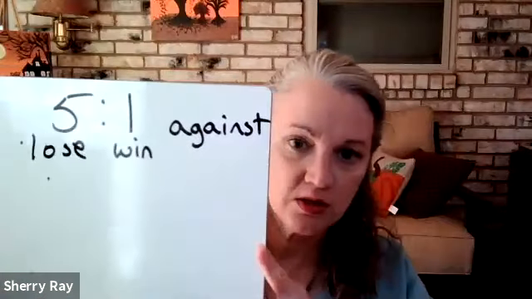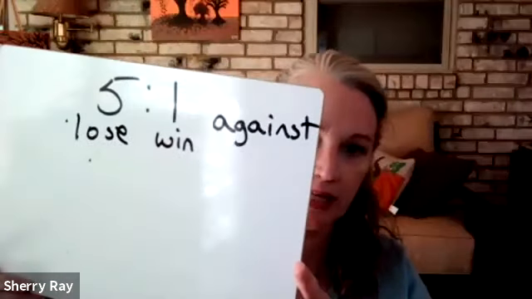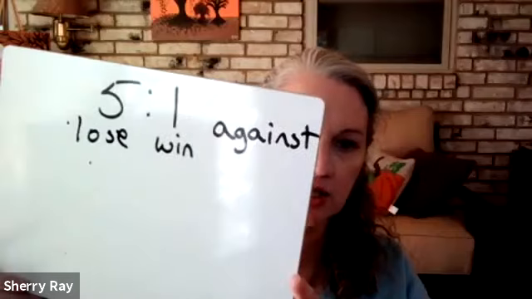So this would be a safer bet. In fact, my chance of winning is going to be a lot better. So the probability of winning would be 1 out of 6, because I have 1 win out of 6 races.